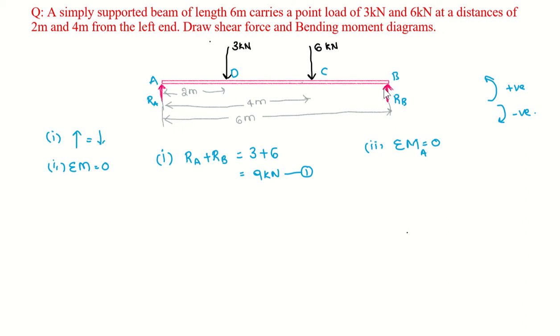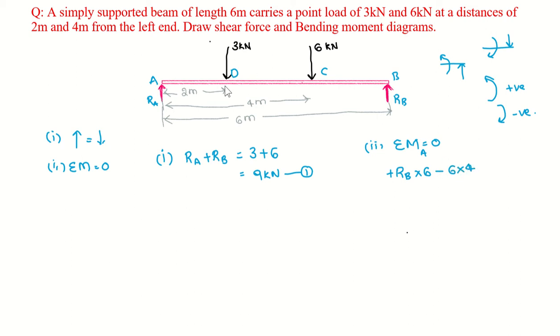RB multiplied by the total length up to A, that is 6 meter. This is acting anti-clockwise, so it is positive. And this is 6 kilonewton multiplied by the perpendicular distance up to A, that is 6 into 4, causing a clockwise moment, so minus 6 into 4.